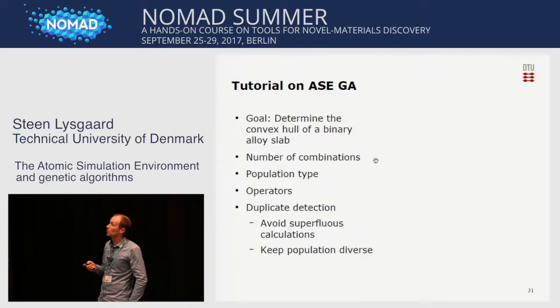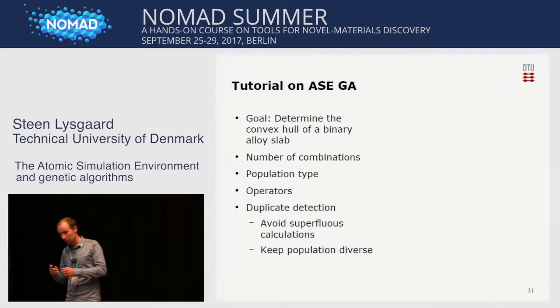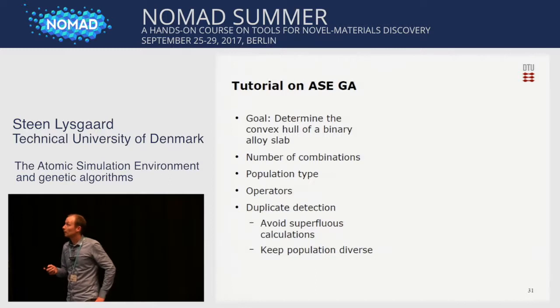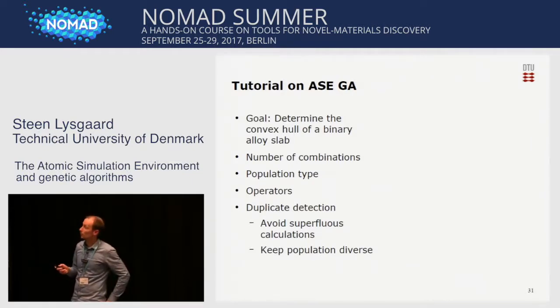We will try to implement some way of detecting, when the algorithm proposes a new structure, whether we have performed a calculation on a similar candidate before, because that's a way to avoid doing duplicate calculations, and also a way to have a diverse population to avoid premature convergence of the algorithm.